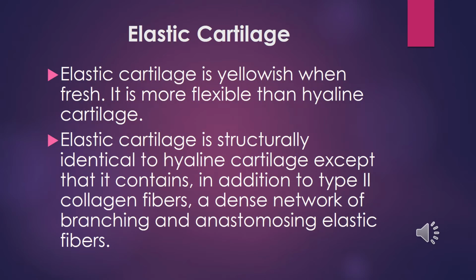Elastic cartilage has a yellow color and is very flexible because it includes more elastic fibers. Elastic fibers surround groups of cells. Isogenous groups of cells form parallel columns, and inside one group there can be 1 or 2 or 3 cells.